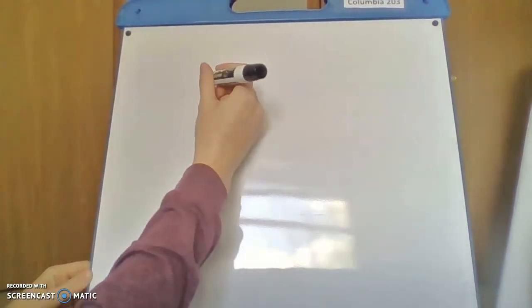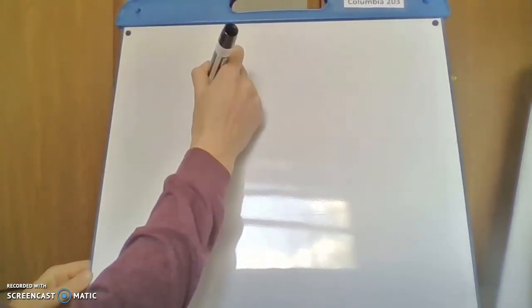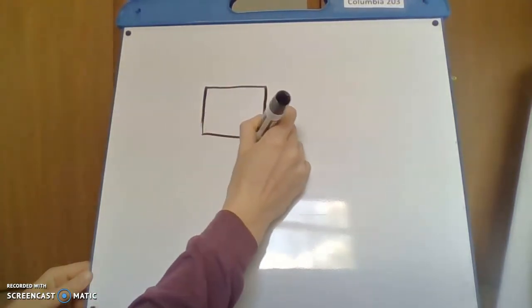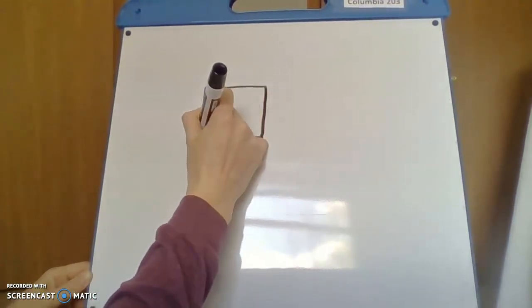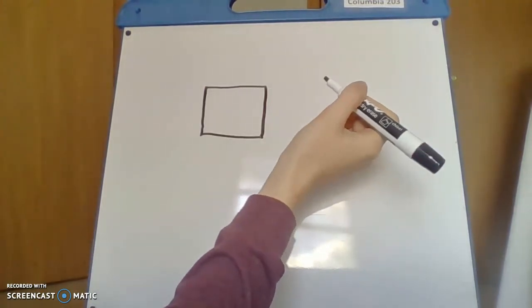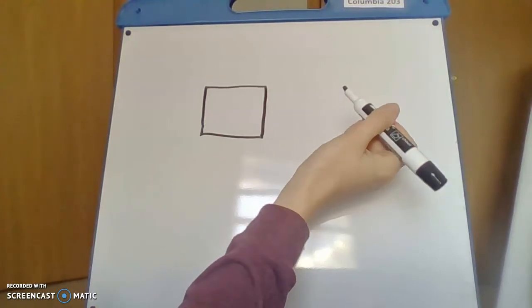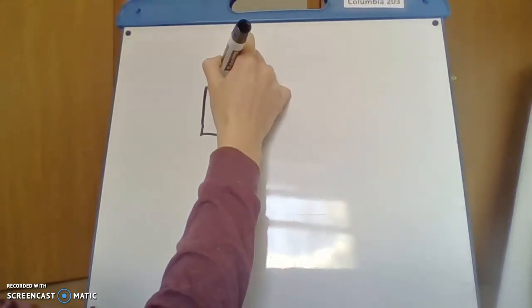What you're going to do first is draw a square. And just try your best. It's tricky. Okay? So then you're going to draw a right angle over the top of that square.